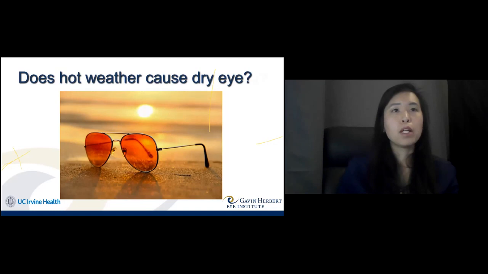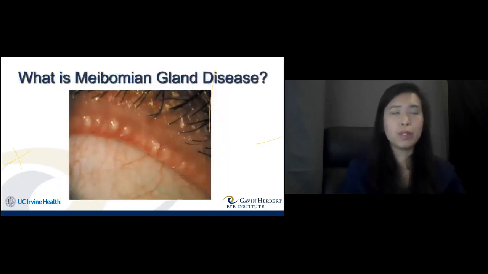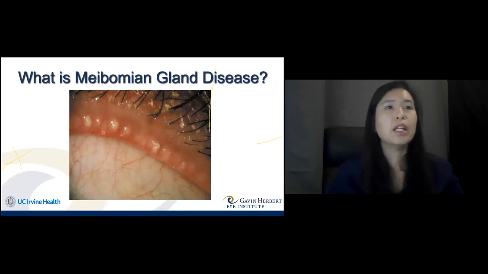Okay, let's move on to, this is a big topic, and so I want to spend some more time on this. What is meibomian gland disease? So previously I showed you some pictures of those meibomian gland openings, right? And I told you that it should come out looking like olive oil.